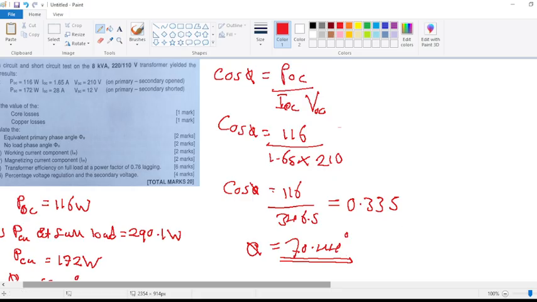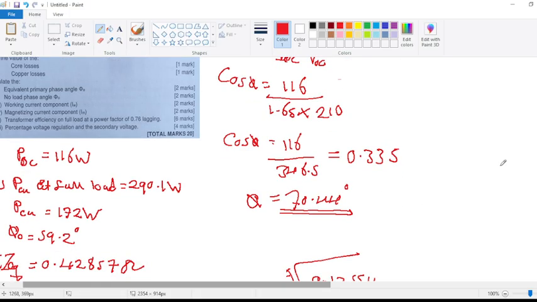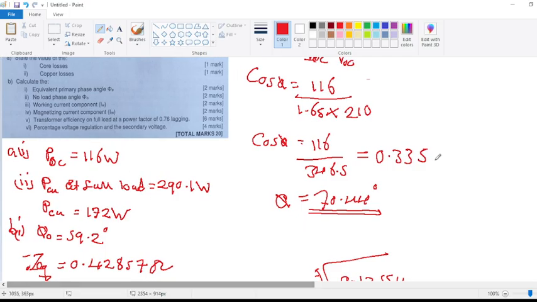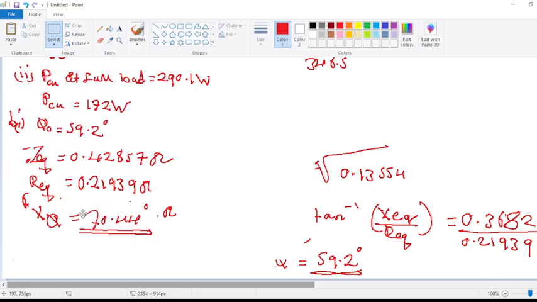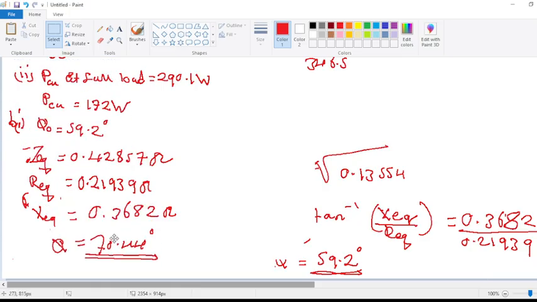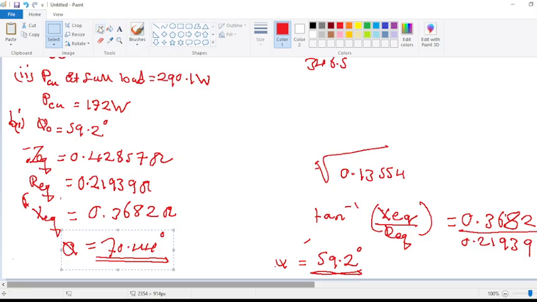This is our answer for question 2b, the no load phase angle, 70.44. So this is our answer for B2.